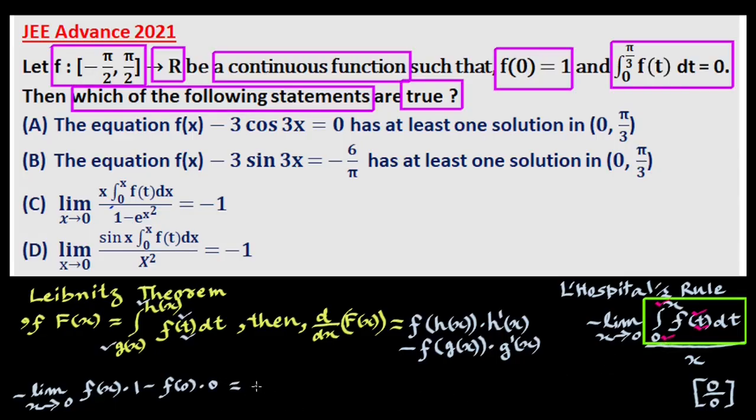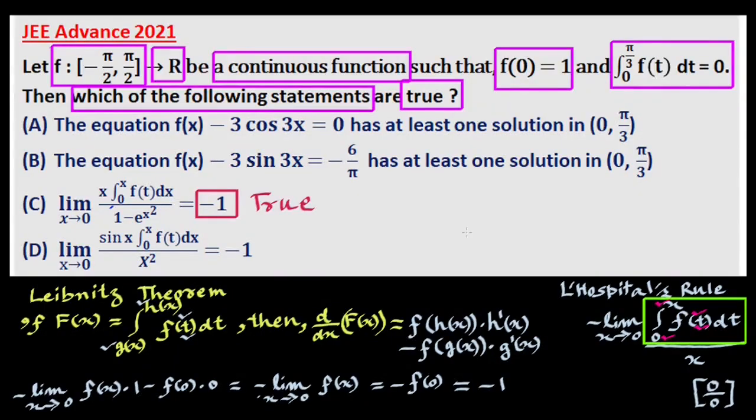So this will be minus the limit as x tends to 0 of f(x), which will be minus f(0), but the value of f(0) is given in the question here, which is 1. So the value of the limit will be minus 1, same as here in option C. Therefore, option C is true.